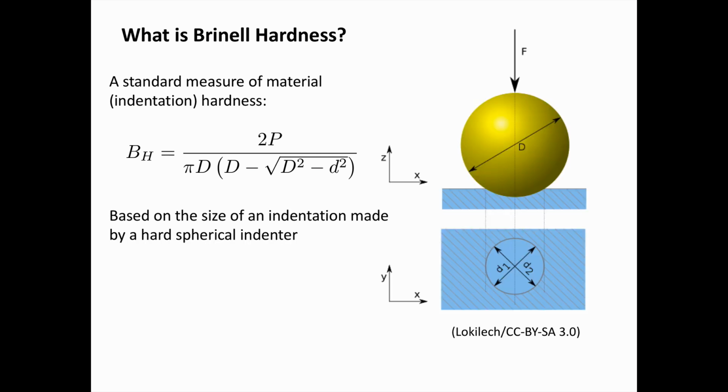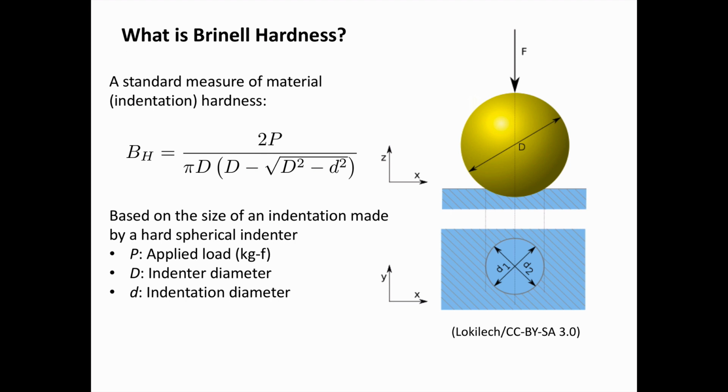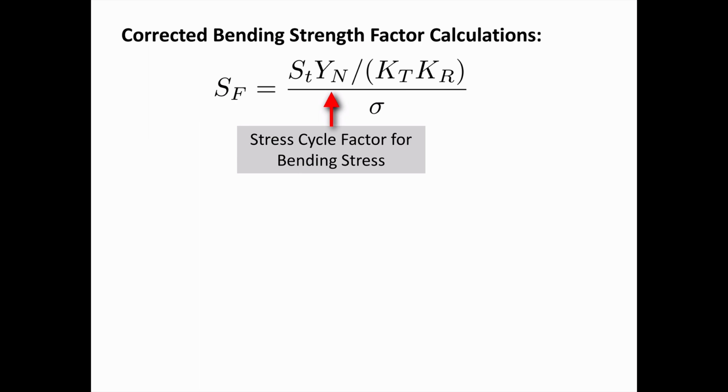So imagine taking a very hard material in the shape of a sphere and applying a force to it, indenting a material that you're trying to test. So what we do is we apply a specified load, we note the diameter of the indenting sphere, and then we measure the indentation diameter, and with those quantities we can calculate what the Brinell hardness is.